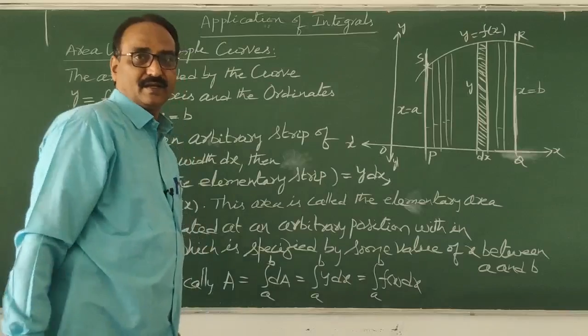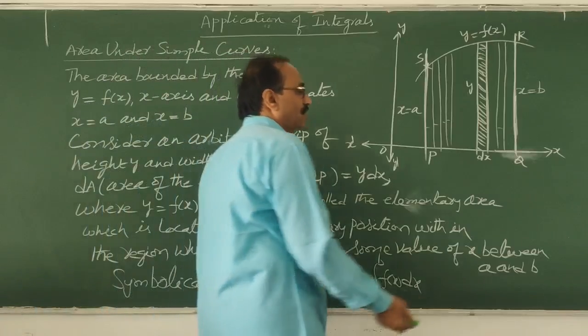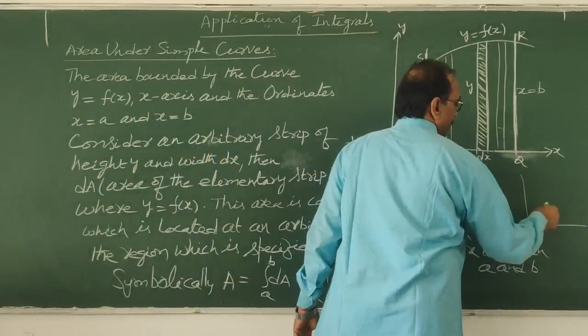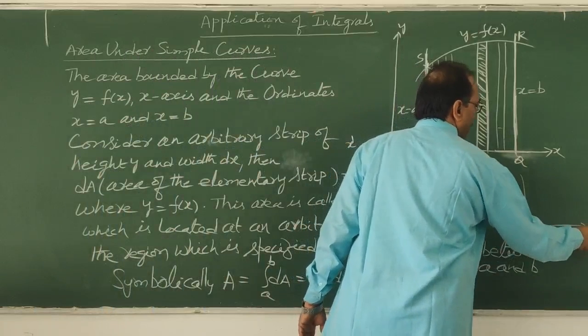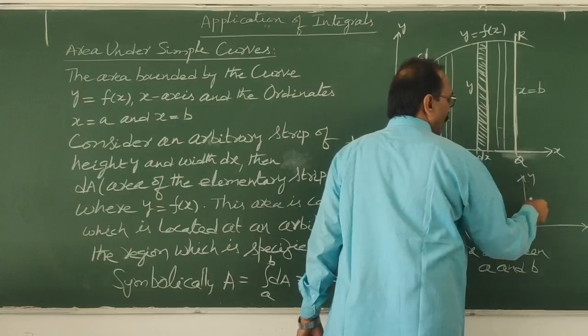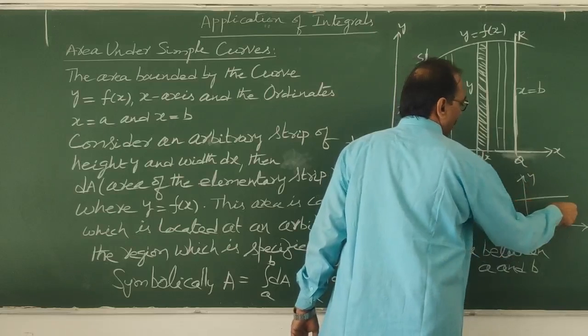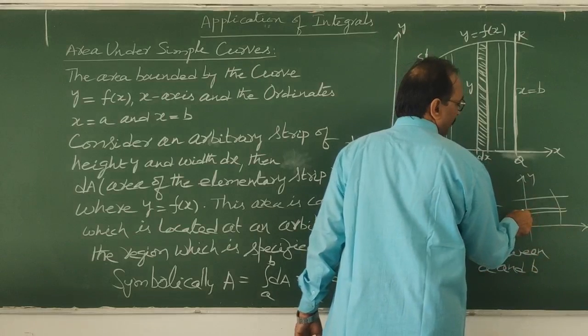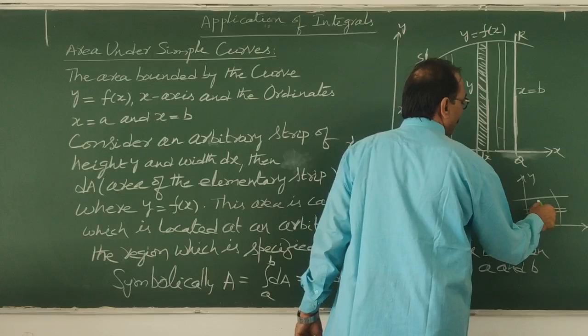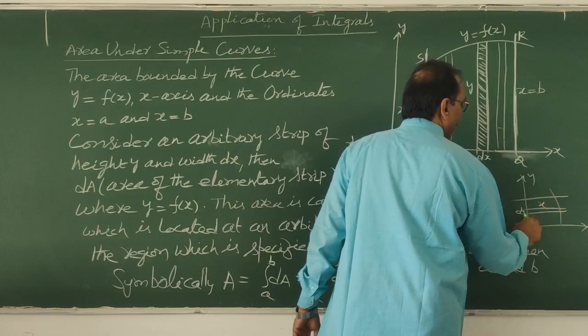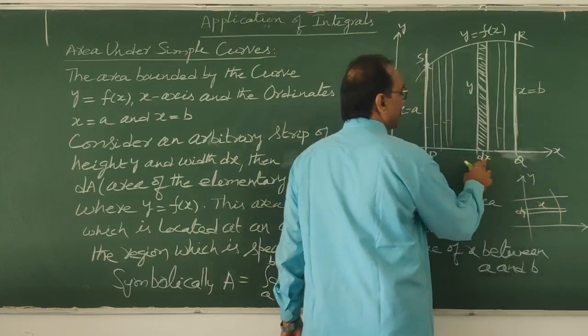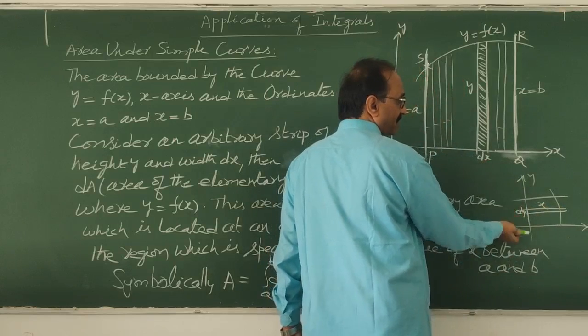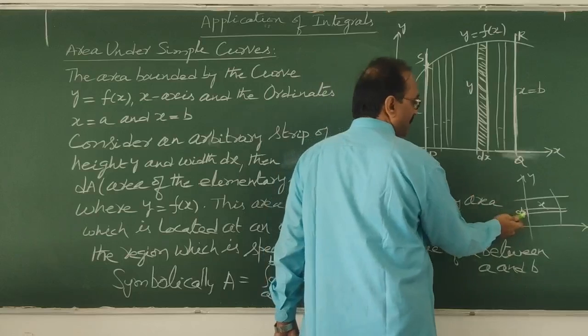Now suppose the strips are horizontal instead of vertical. Suppose this is the x-axis and this is the y-axis, and we have a strip like this. Here the width is dy, because on the x-axis we have dx and on the y-axis dy.